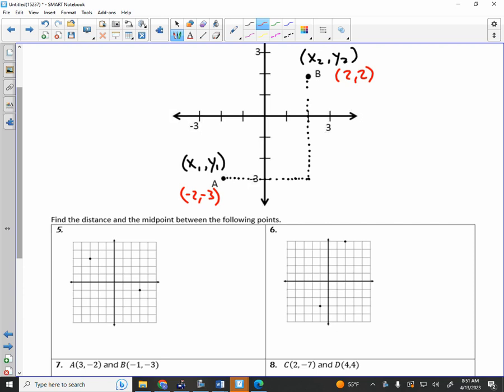What's the length of this leg? We just have 4 units. In other words, that's just subtracting the x values: 2 minus -2, so x sub 2 minus x sub 1. That's my a squared.